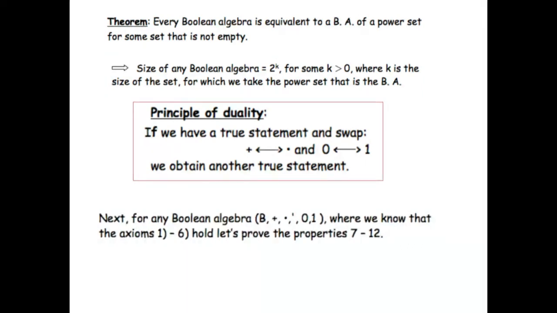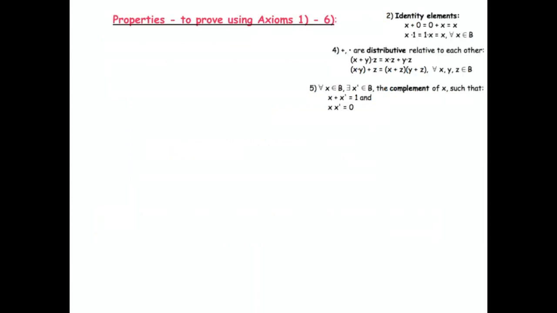Next, any Boolean algebra is a sextuple: the set, the two binary operations, the one unary operation, and two identity elements, where we know that axioms 1 through 6 hold. Now we're going to try to prove the properties 7 to 12 on that page that I told you to print out.